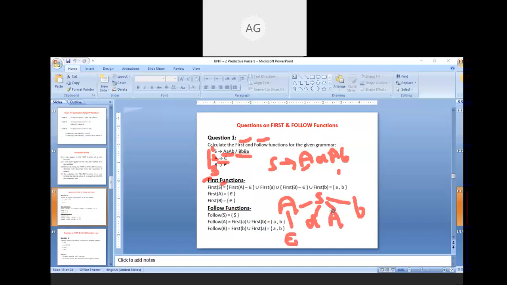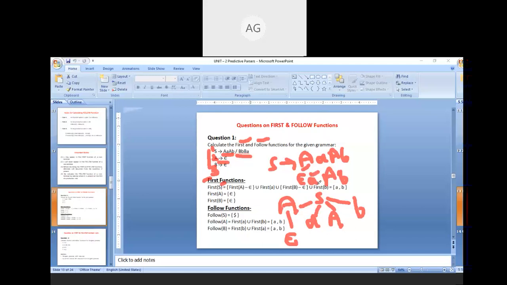So now your string is S produces epsilon A, A and B. But you know that if epsilon is in concatenation with anyone, then epsilon has no meaning. So now you get the first terminal which is a.